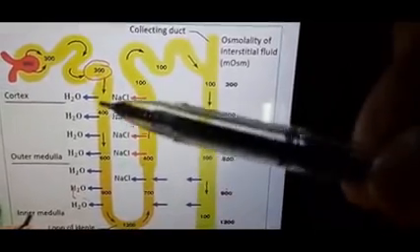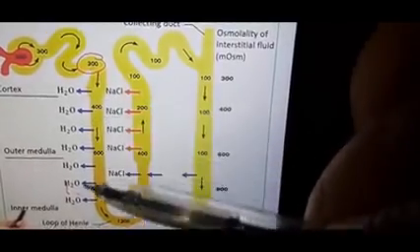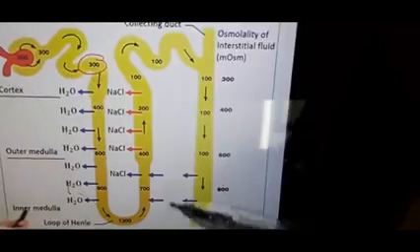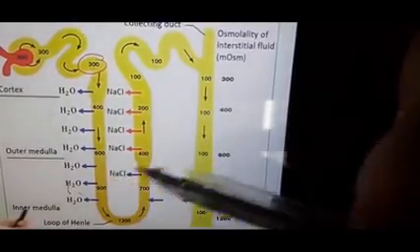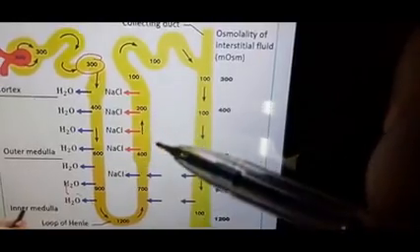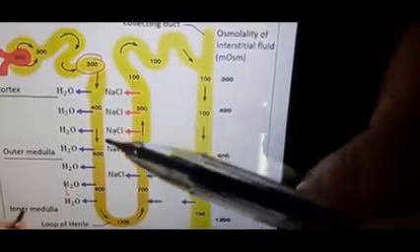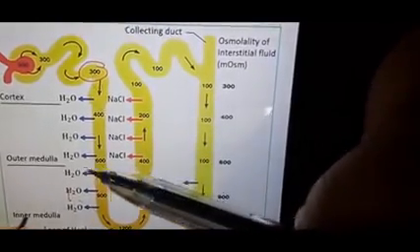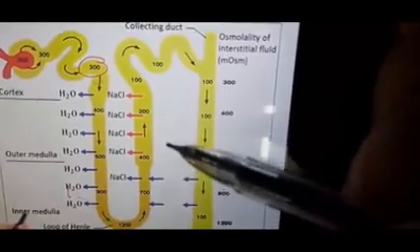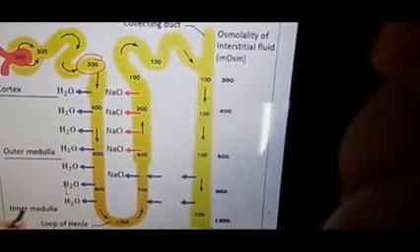In the same way, in the vasa recta, which will be over the loop of Henle, there will also be two limbs, and in them also the blood is flowing in two different directions in the two limbs of the vasa recta. So this is flowing in opposite direction.